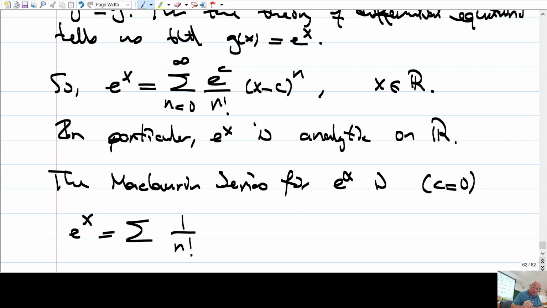So it is the sum from 0 to infinity of 1 over n factorial times x to the power n. Now it is easier to see that when you take the derivative, you just get e to the power x. Its derivative is equal to itself.